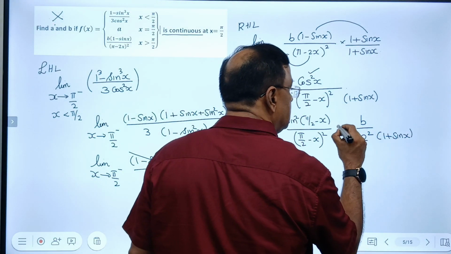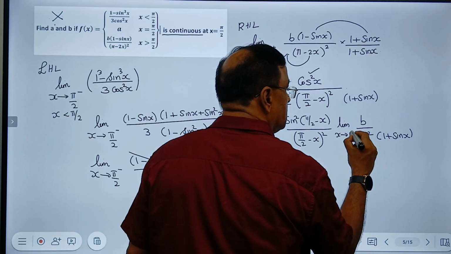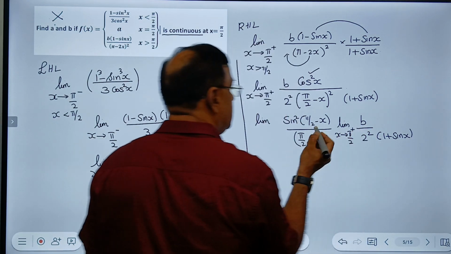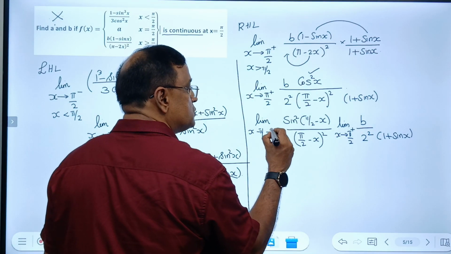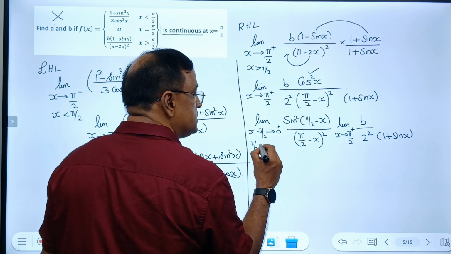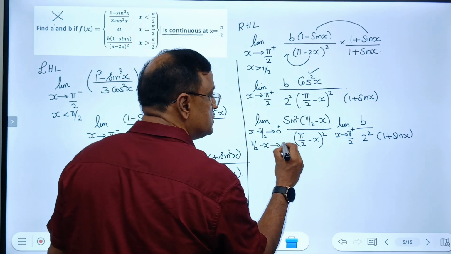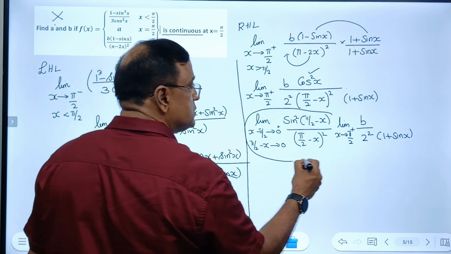So I can split the limit like this. Limit x approaches pi by 2 plus. Now here you can say x minus pi by 2 approaches 0. Therefore, pi by 2 minus x will also approach 0. So it satisfies the formula. So what happens to this?